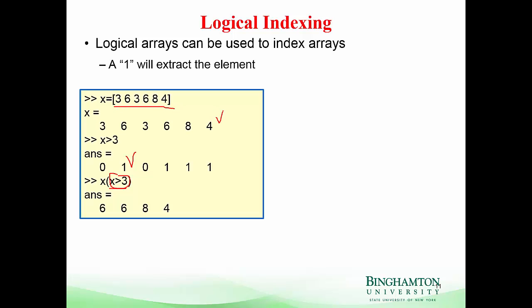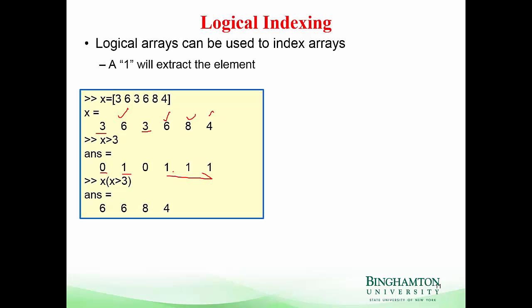So here's our vector, and first, just reminding you of the logical command: x greater than 3 returns a logical vector that gives zeros where it is not satisfied and ones where it is satisfied.